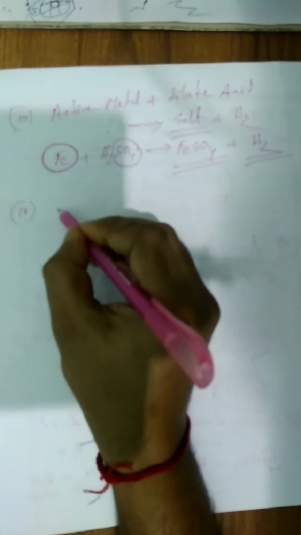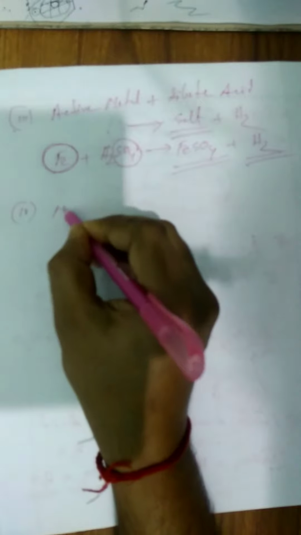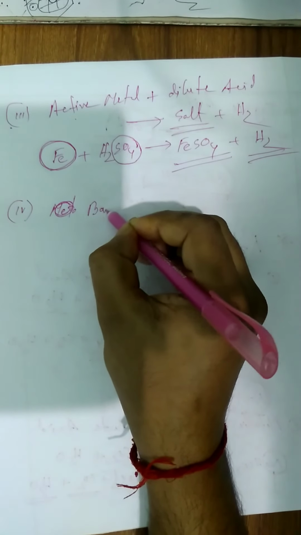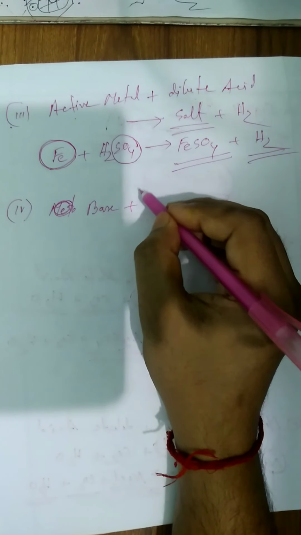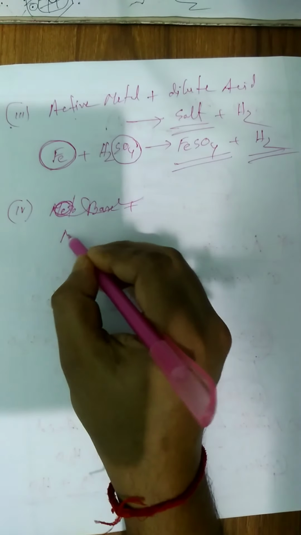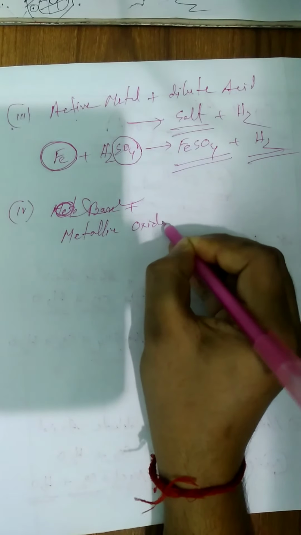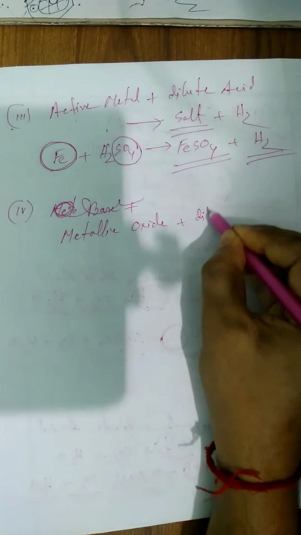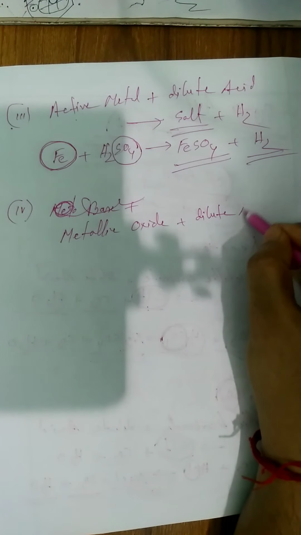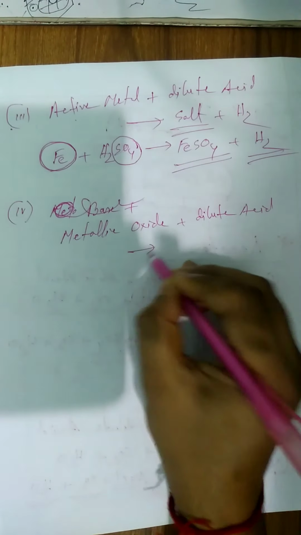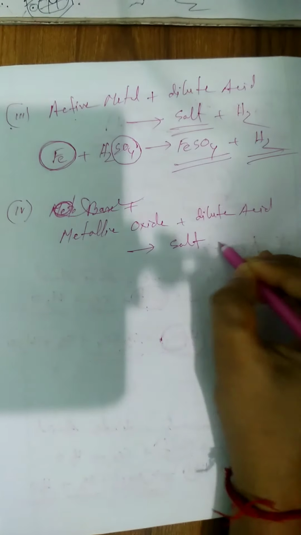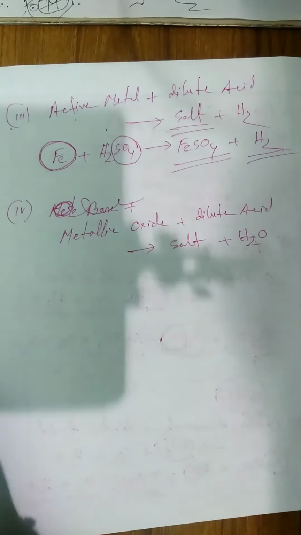Fourth rule, metallic oxide plus dilute acid gives salt plus H2O.